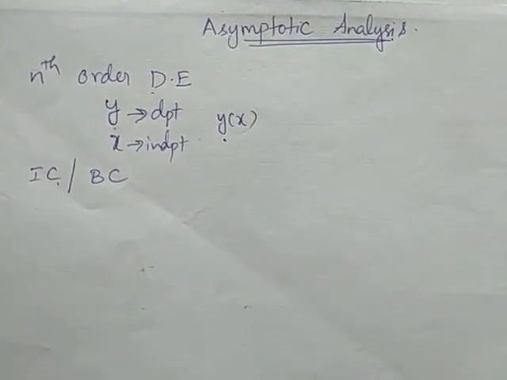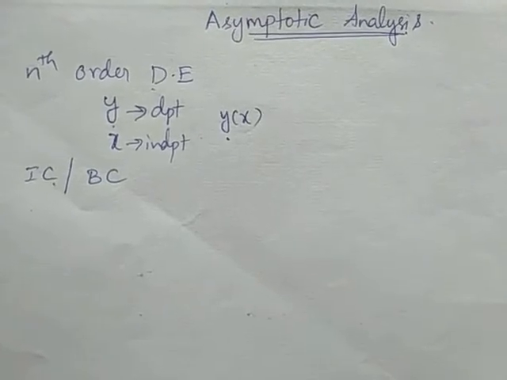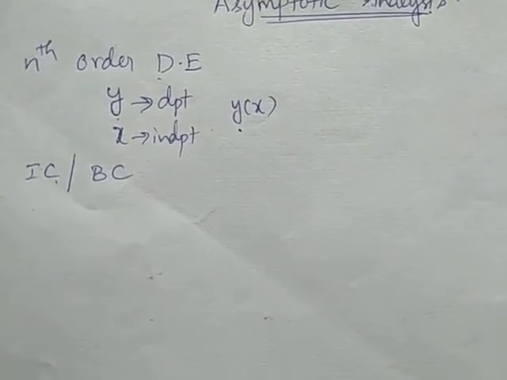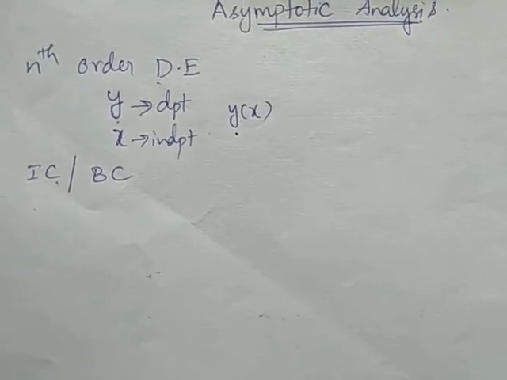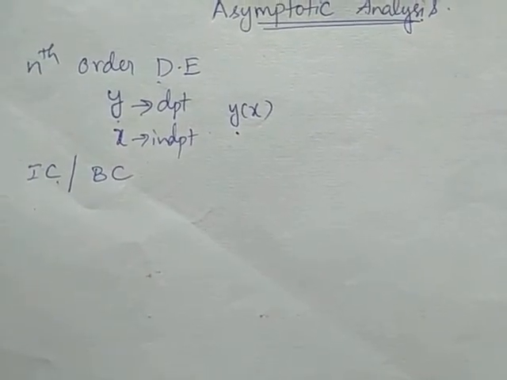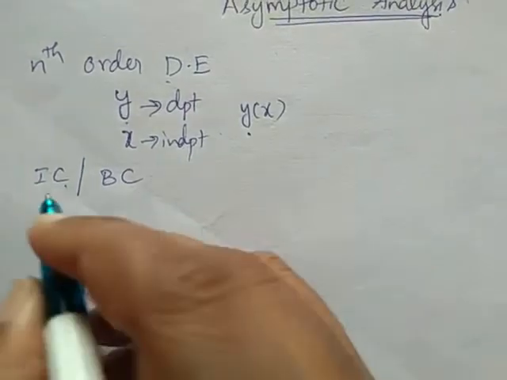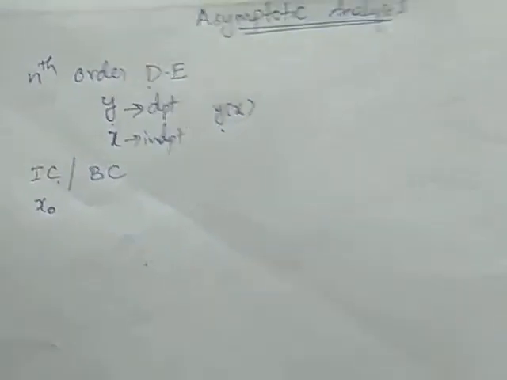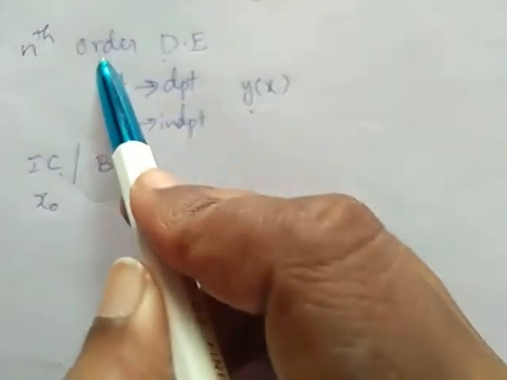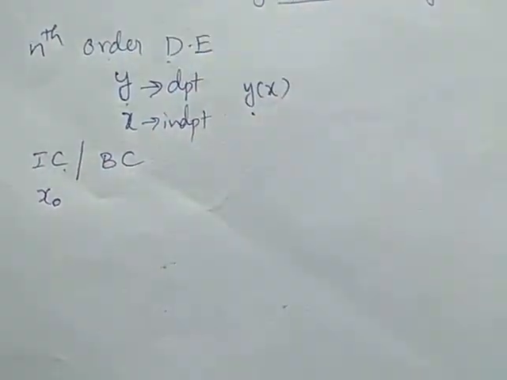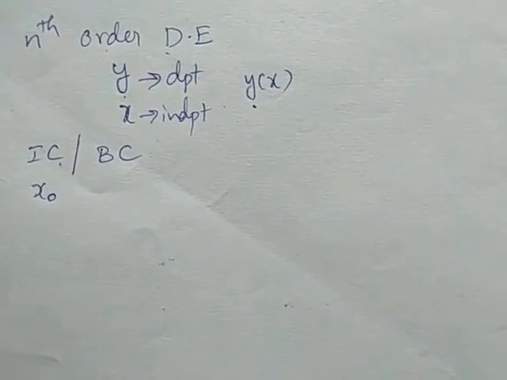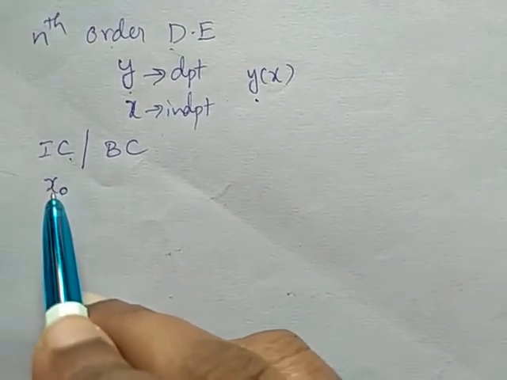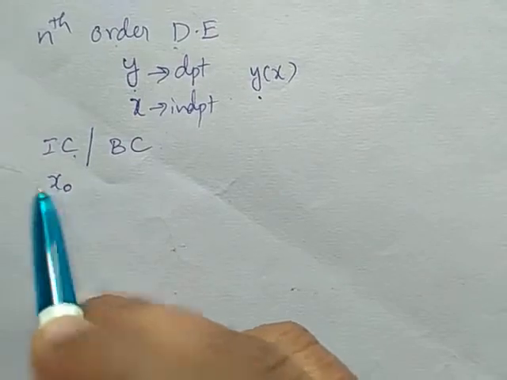Suppose it is an initial value problem. In an initial value problem, the conditions are defined at only one point, say x0. We have an nth order differential equation, so we require n conditions. And all the n conditions are defined at only one point x0.